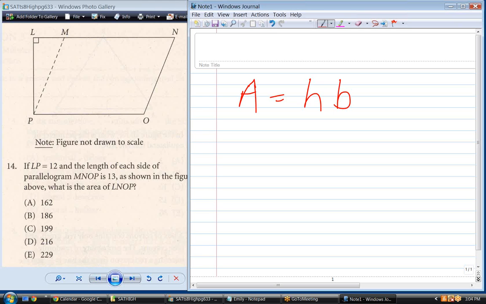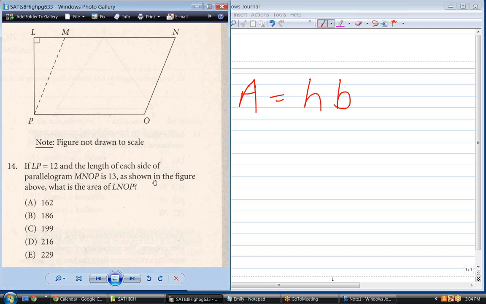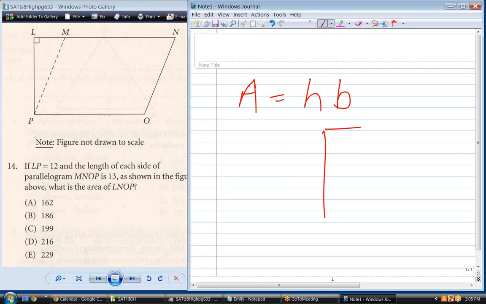So the height of the parallelogram is going to be 12 times 13. Yes, or the area. Yeah, sorry, the area. The 12 times 13. However, they're not asking for the area of the parallelogram. They're asking for the area of the polygon. So, LM is going to be 5.